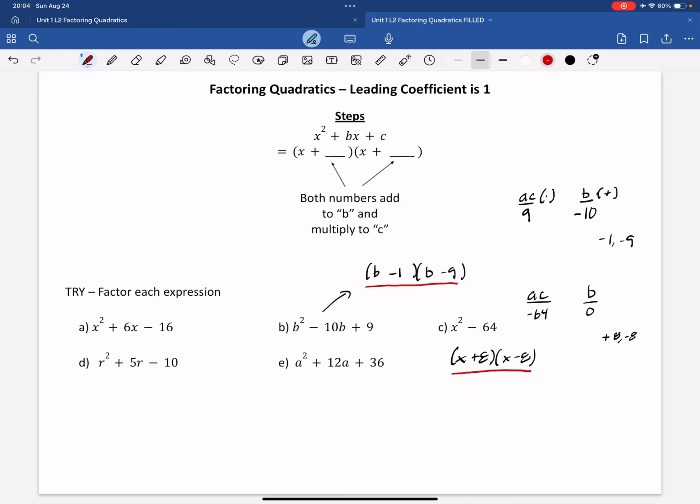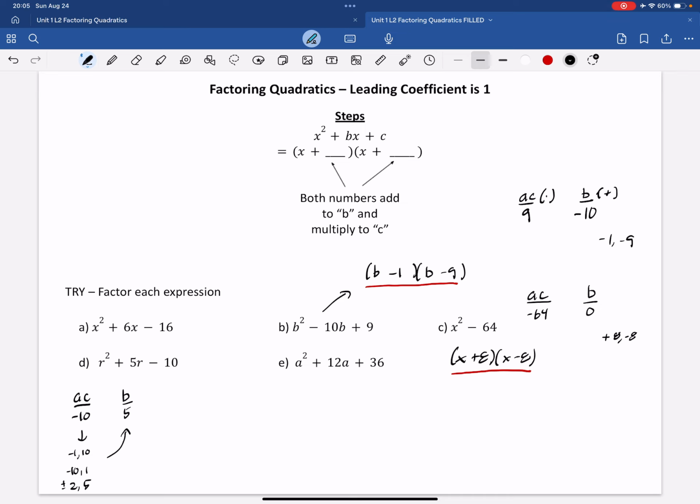So I'm going to list all the whole numbers that produce negative 10. So negative 1 and positive 10, and negative 10 and positive 1, okay? Neither of those combinations add to be 5, all right? And you're probably saying, Papa, you forgot a couple, and you're right. So I'm just going to put plus or minus 2 and 5. Okay, those also won't work. All right.